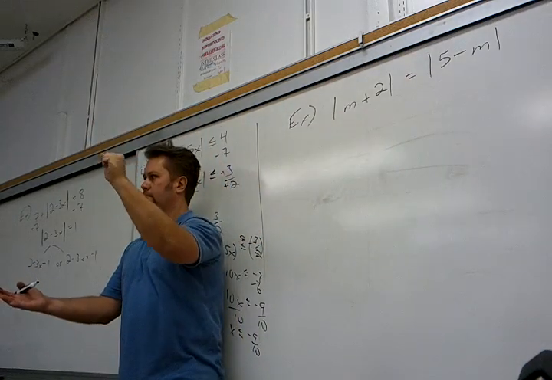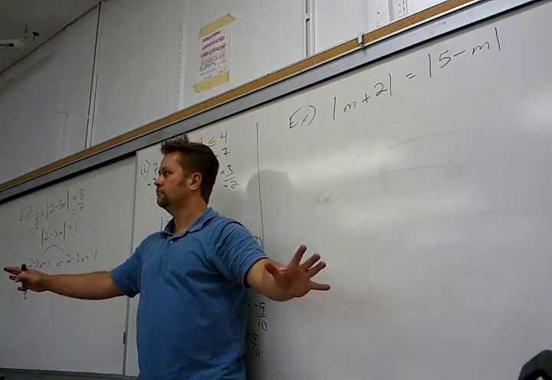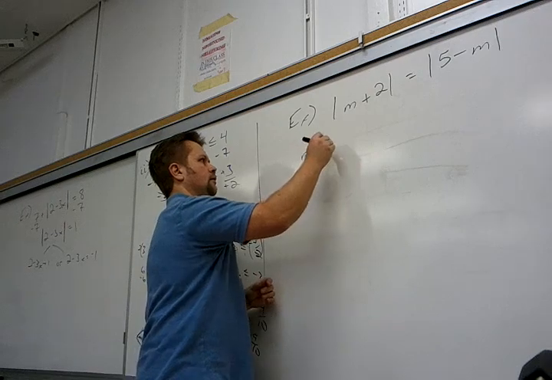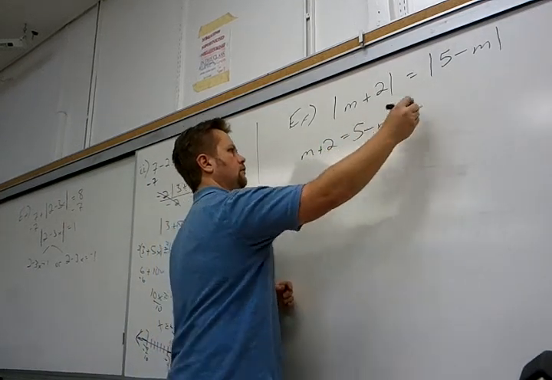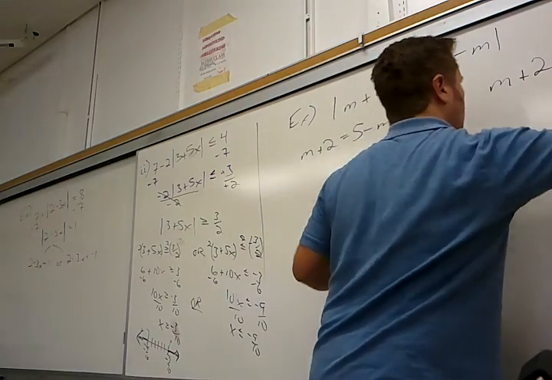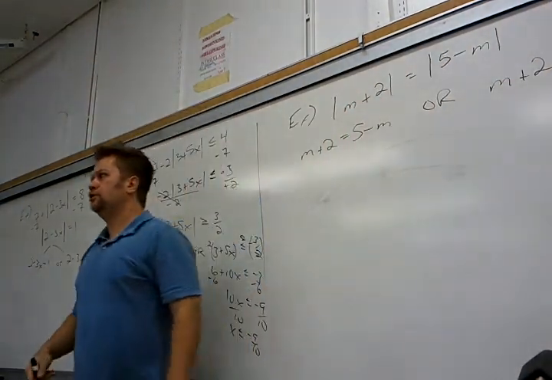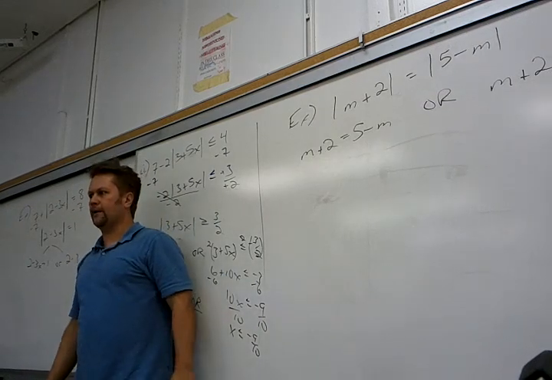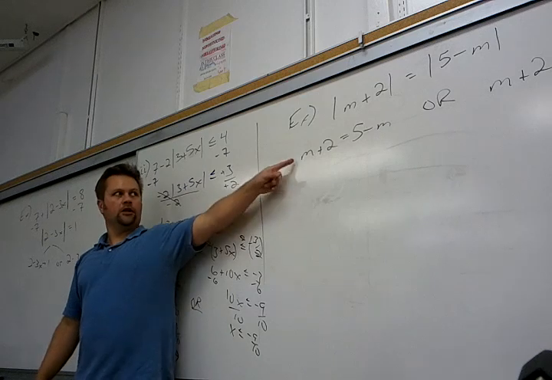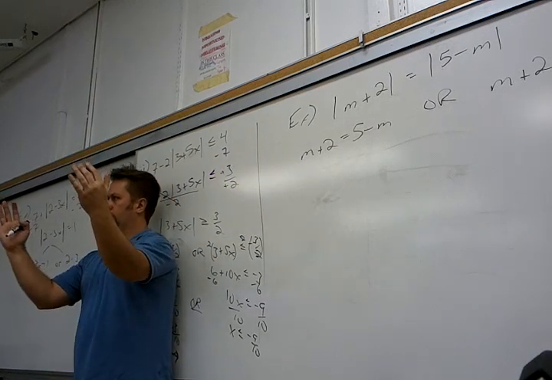Those 2 cases are the same. And if I put a negative on both sides, don't they cancel? So there really is still just 2 cases. Either this equals this, or this equals the negative of this. There's always only 2 cases, no matter how many absolute values they throw in there. So you leave it alone, or one is the negative of the other.